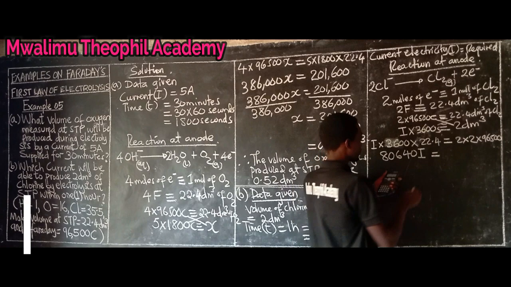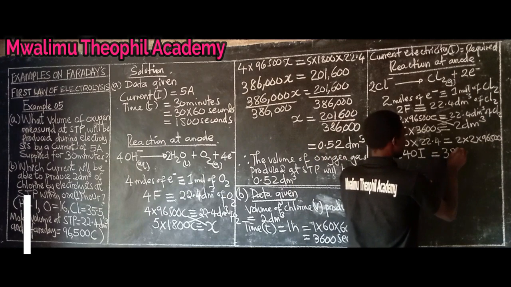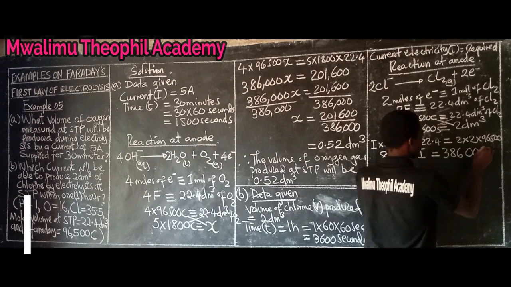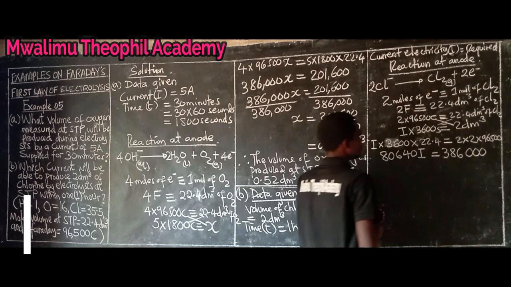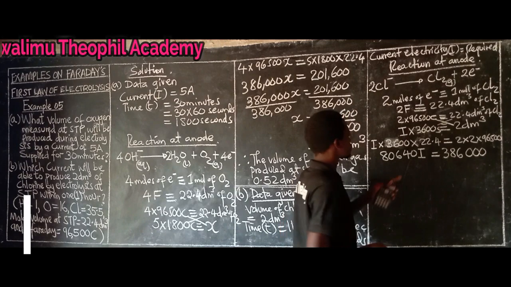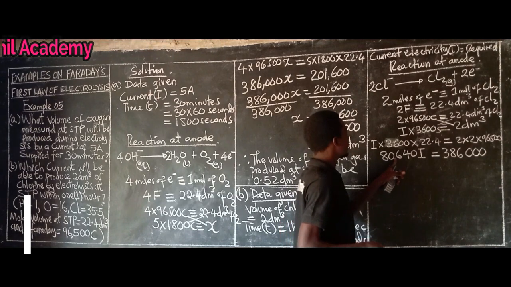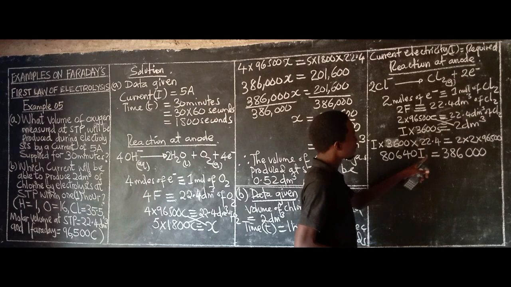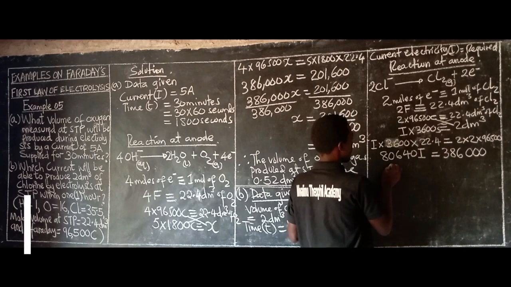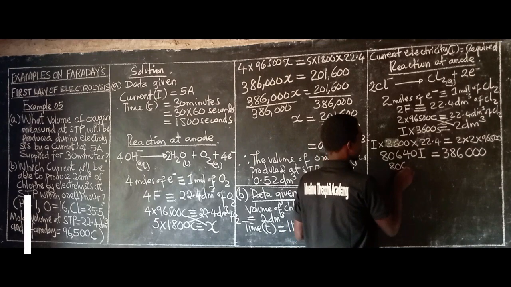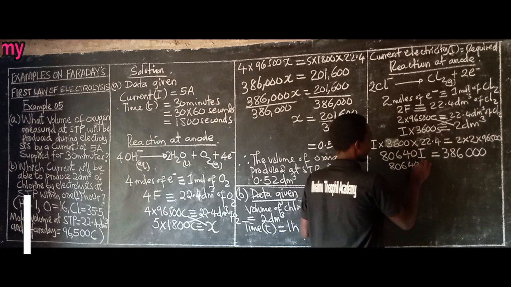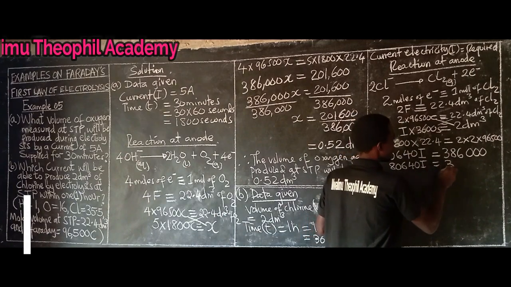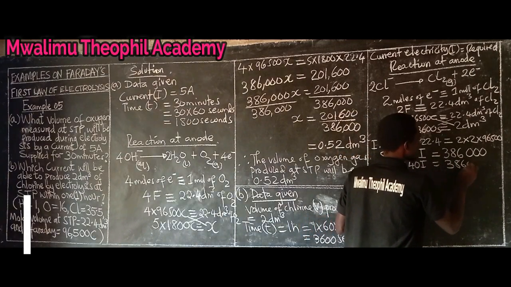So here we get 386,000. Now, what next is to divide both sides by 80,640 so as to get I. So 80,640 I is equal to 386,000.